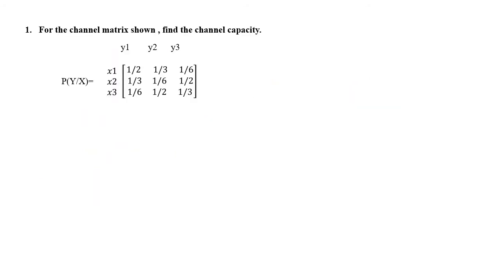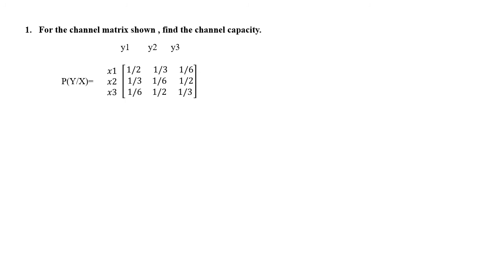First problem: for the channel matrix shown below, find the channel capacity. So the channel matrix is given here. You see whether the rows are repeated in the subsequent rows of the matrix. So 1 by 2, 1 by 3, 1 by 6 is going to repeat along the remaining rows.